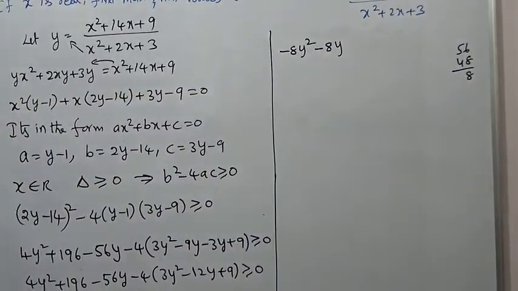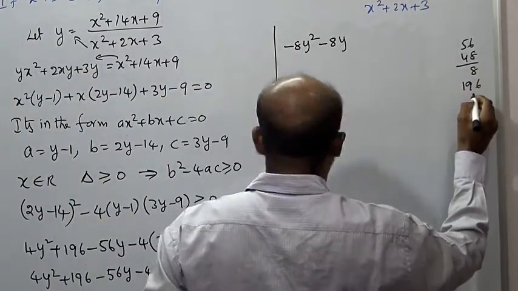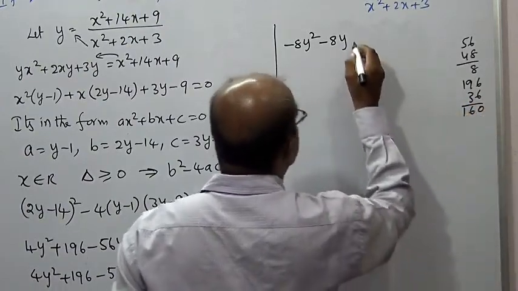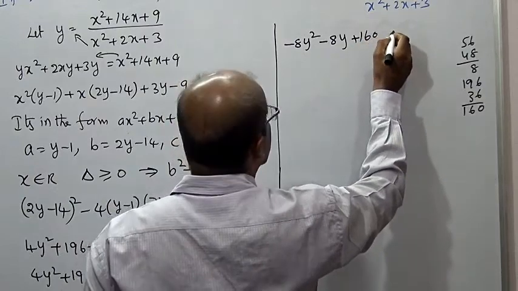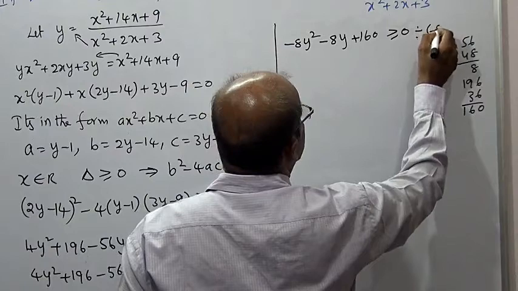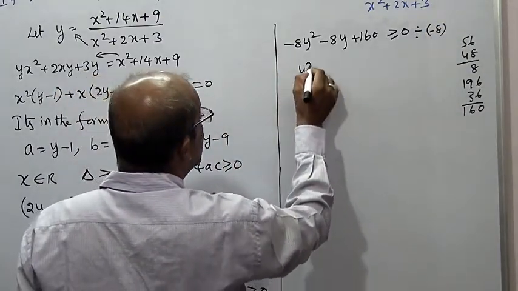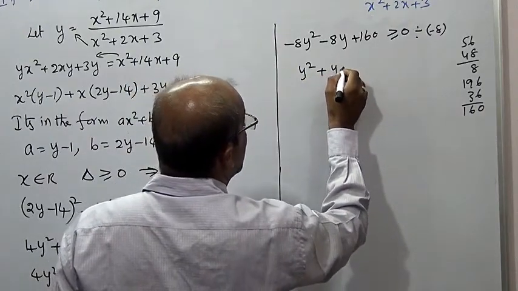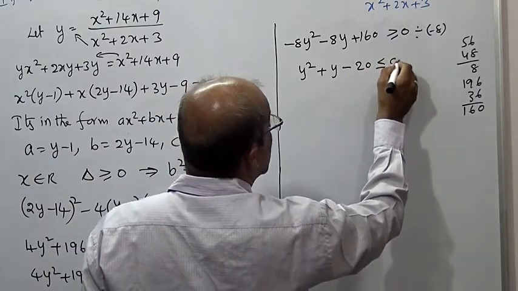Now the constants, 196 minus 36, so plus 160 greater than or equal to 0. Now divide by minus 8. So it becomes y square plus y minus 20 less than or equal to 0.